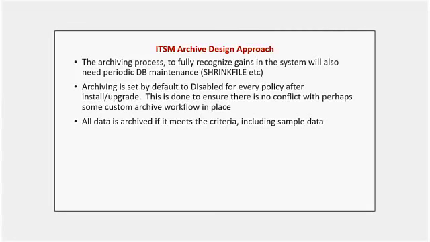We want to make sure that when we upgrade, even though you had it on before, the policies will be off for the explicit purpose of making sure that everyone understands that all that custom code is really no longer needed, and may in fact potentially cause a conflict with the native archiving function we are now providing. So it's disabled so that customers understand they may need to go look at things, they may need to change the policy, they may want to evaluate the policy, and they may want to tweak it somewhat. So that's why they are set disabled to start. Just so people have a good understanding.